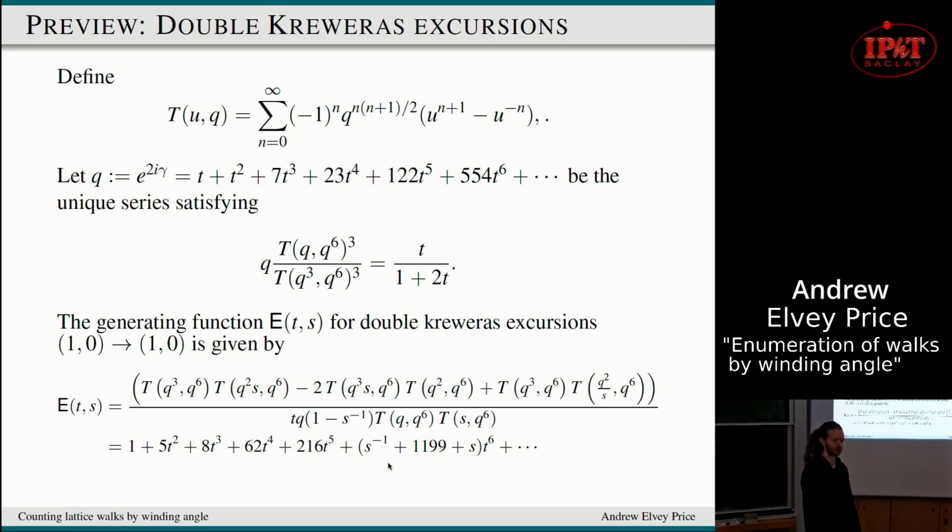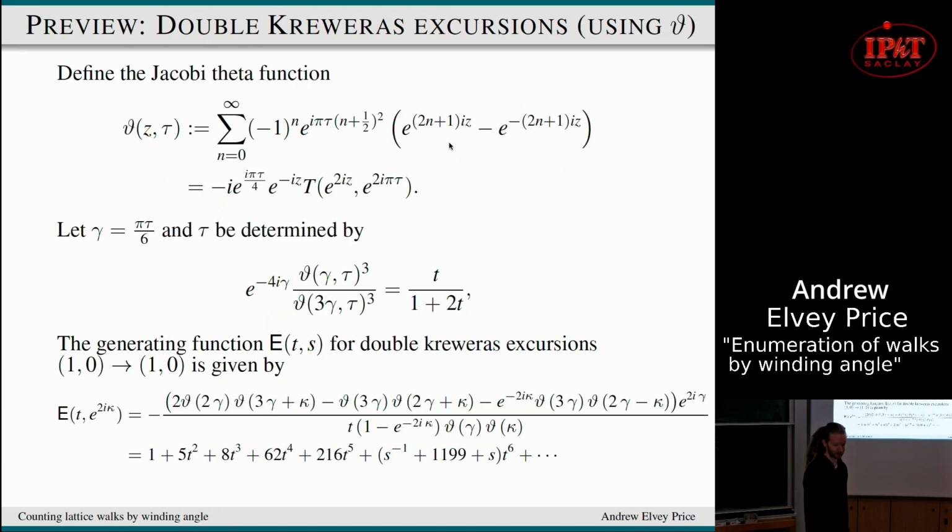And this is written in a way where you can understand it as formal power series, which is nice from a combinatorial perspective. Alternatively, this can all be written in terms of the theta function. The Jacobi theta function is this well-known function, which is defined like this, and which is simply related to t.